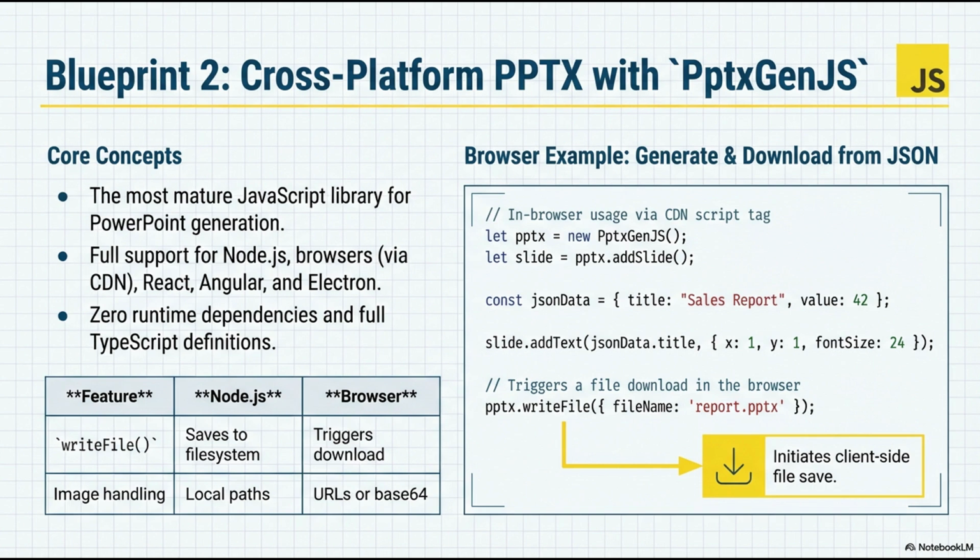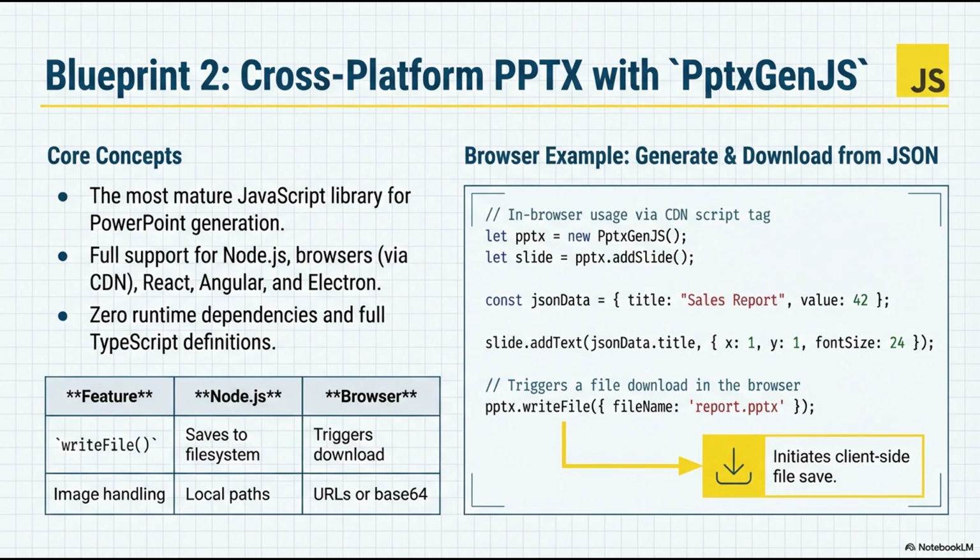To illustrate, consider the browser example on the right. Here, we instantiate PptxGenJS, add a slide, and then dynamically add text using data from a simple JSON object, defining its position and font size. The critical step for client-side use is the pptx.writeFile call with a file name parameter.